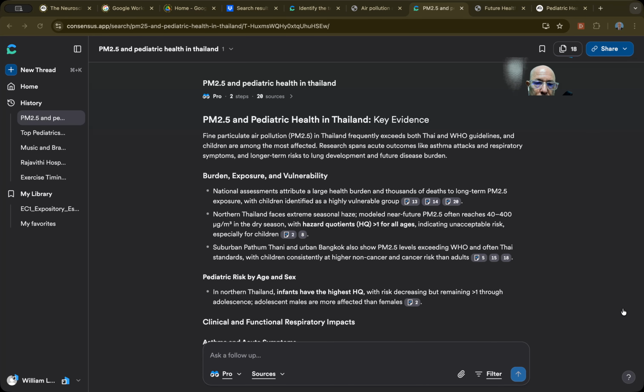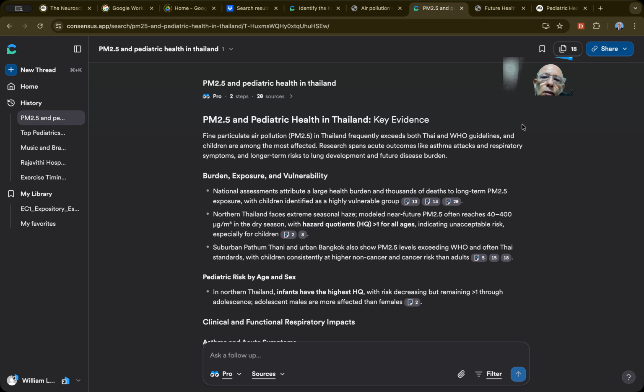Okay, and our topic for today, just off the top of my head, pollution. And let's take a look at PM 2.5 and health.